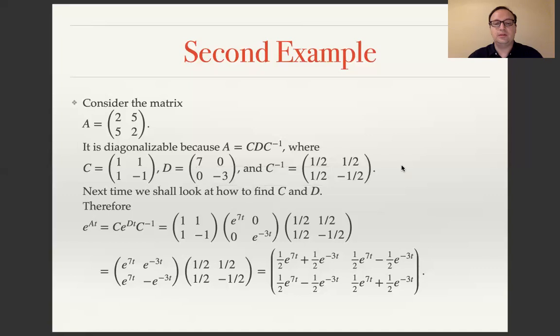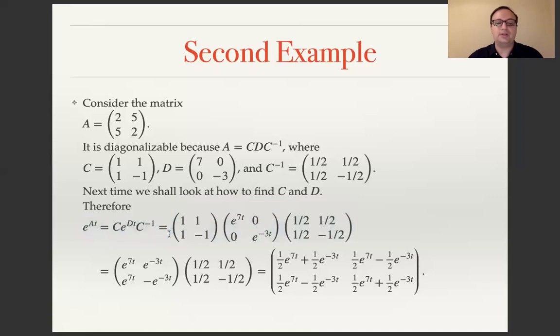And C inverse is the matrix, well, we use the formula for inverting the matrix C, and we get that it is the matrix with entries 1/2, 1/2, 1/2, and minus 1/2. Then the exponential of At is C times the exponential of Dt times C inverse.